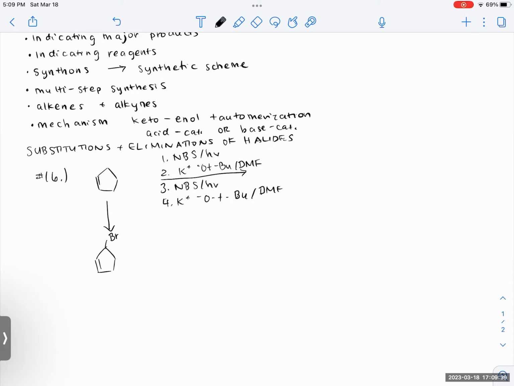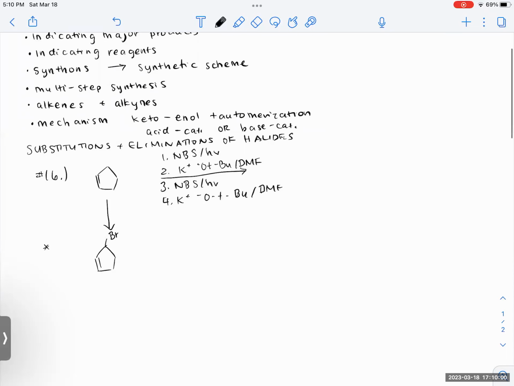Because it's adjacent to the alkene. So we do that first. It could be on the bottom right as well, right? Yeah, it could technically be over here. It's all kind of the same. So allylic position.